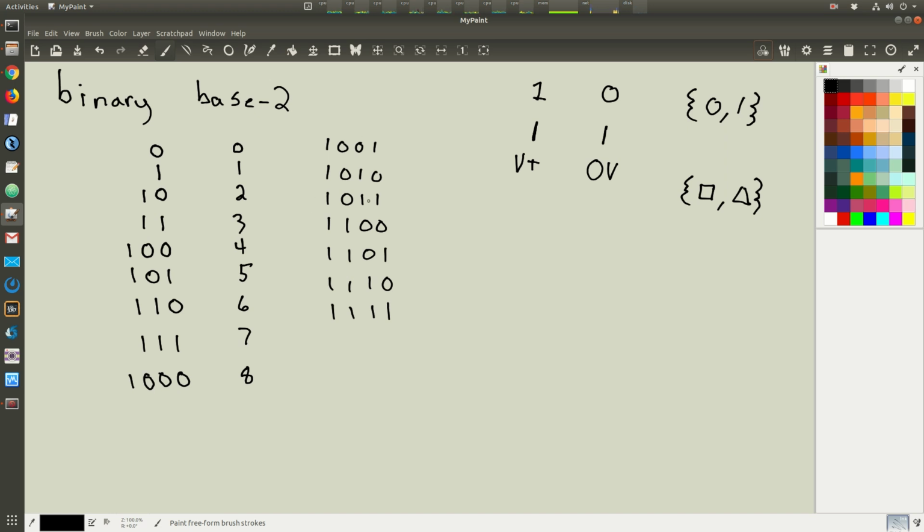Did I miss one? So this is 8. This should be 9, 10, 11, 12, 13, 14, and 15. Now if we look here at just this column of these numbers, there's a pattern that you should recognize.